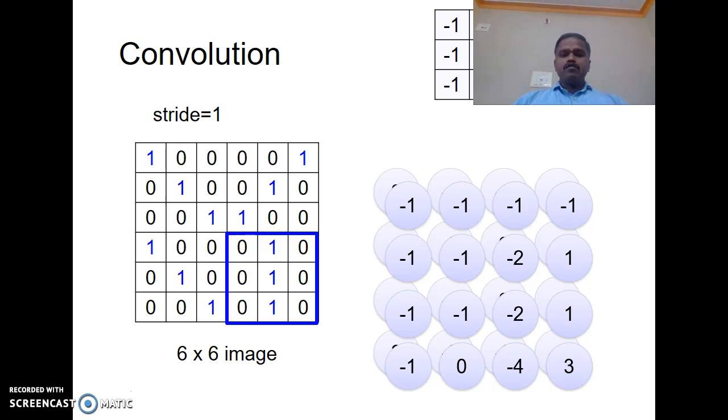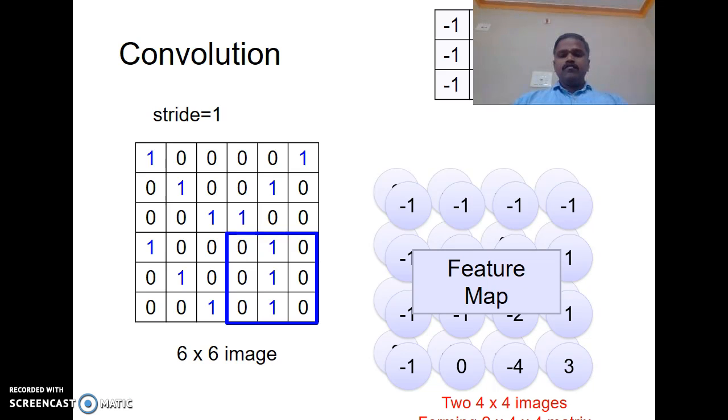Like this we can produce the convolutional image. So here we got two 4 cross 4 images from the two filters. This is for a grayscale image.